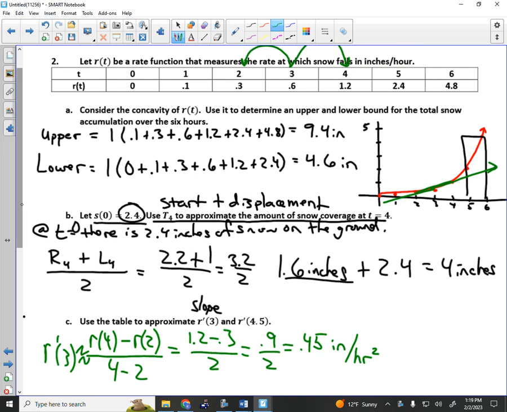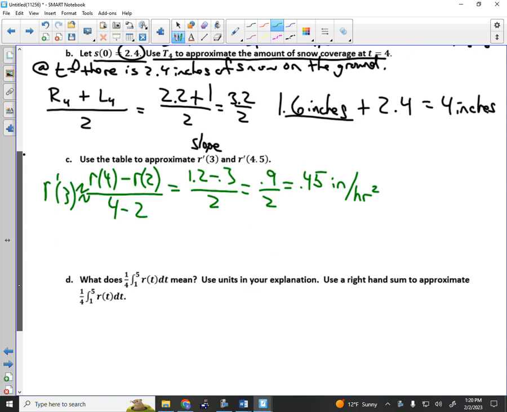Suppose I want to do 4.5. Do we have a spot up here for 4.5? So what two values should you use? 4 and 5. So R prime of 4.5 is approximately R of 5 minus R of 4, over 5 minus 4.